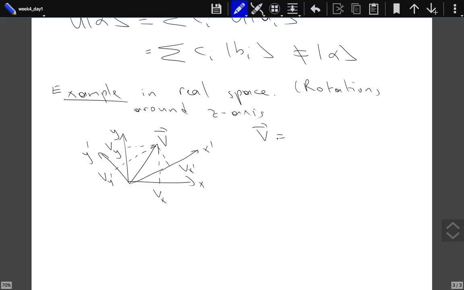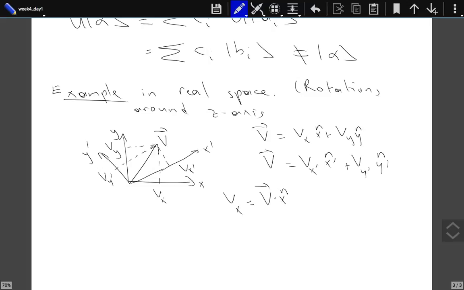Now I can write v as vx in the x direction plus vy in the y direction. Or I can write exactly the same v as vx prime in the x prime direction plus vy prime in the y prime direction. Now what is vx? Vx is v dot x hat.